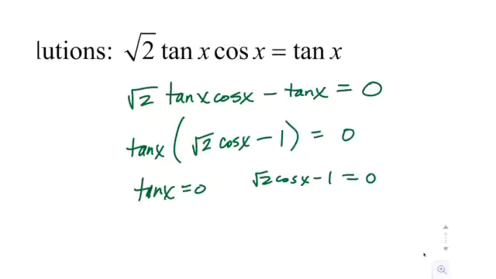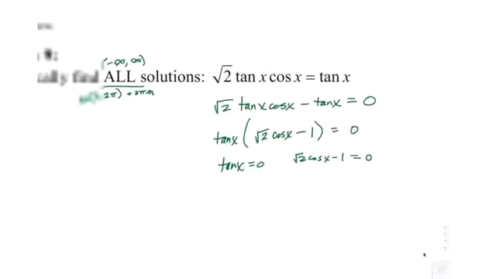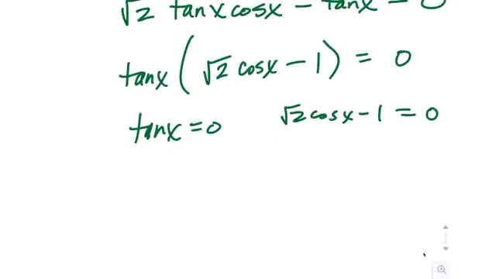And now it's everybody's favorite time, spring fling and unit circle time. So it says to find all the solutions, but we have our strategy. We're going to find the ones within one rotation. So where is tangent equal to 0? Where y equals 0 or where sine equals 0, right?